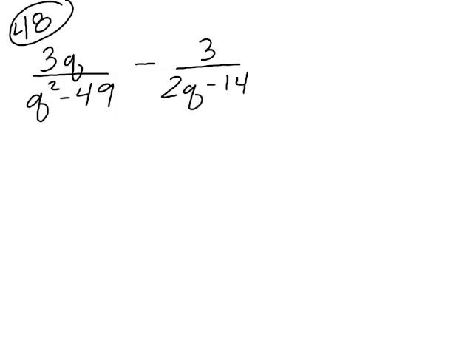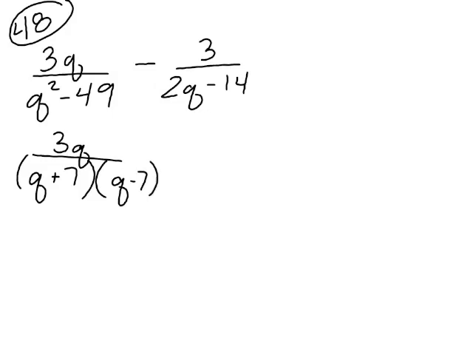Okay, common denominator. So let's factor. 3q, and then perfect squares, so q plus 7, q minus 7, minus 3, and if I factor out that 2, I have a q minus 7.